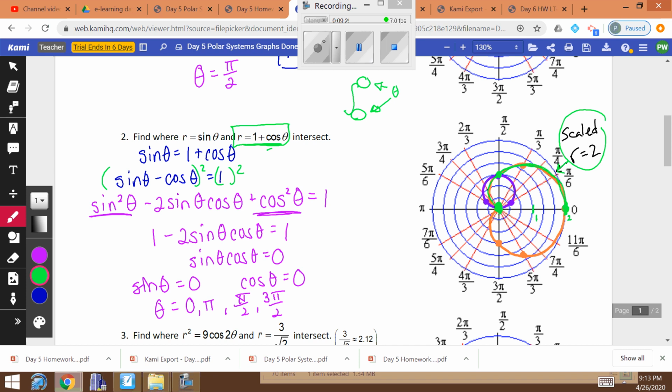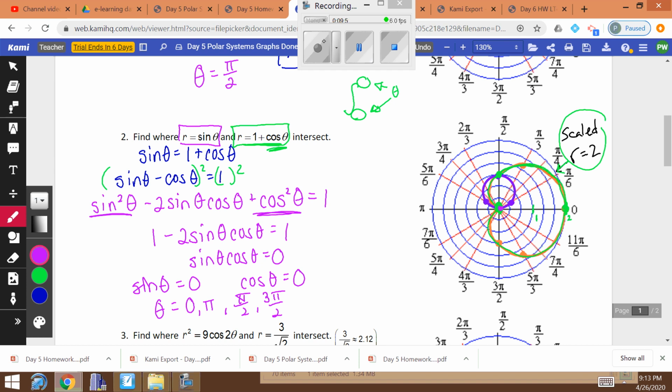If I put in the cosine of pi, that's -1. 1 plus -1, that's where we get 0. Then I'm going to curve back around. Here's where theta is 3 pi over 2, and curve back around to where we started. If I'm looking at the circle, r equals sine of theta, at 0, sine of 0 is 0.